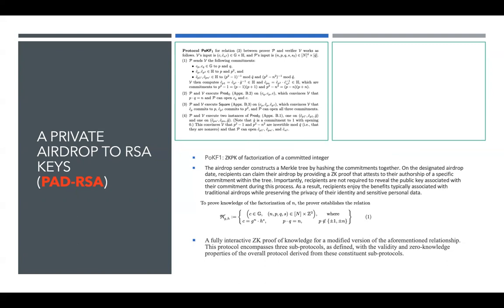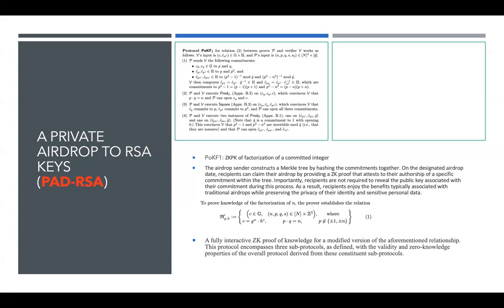Prospective airdrop recipients transmit a commitment message through a public channel. The commitment is then constructed by concatenating the recipient's public key with a secret integer and hashing the result. Consequently, prospective recipients can secure their participation in a planned airdrop without the need for public disclosure.